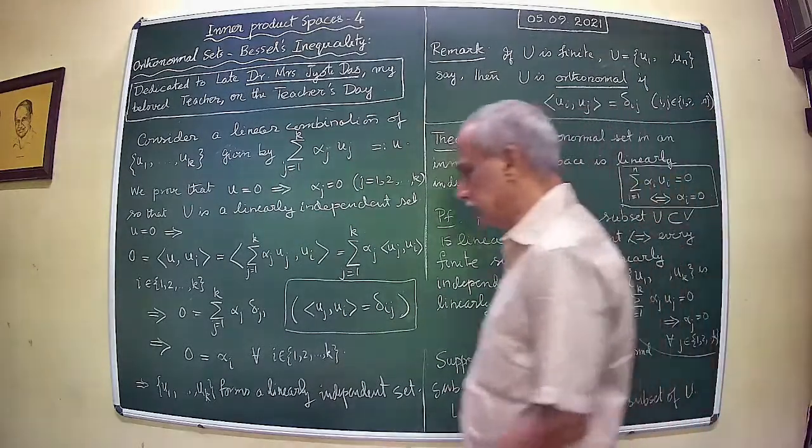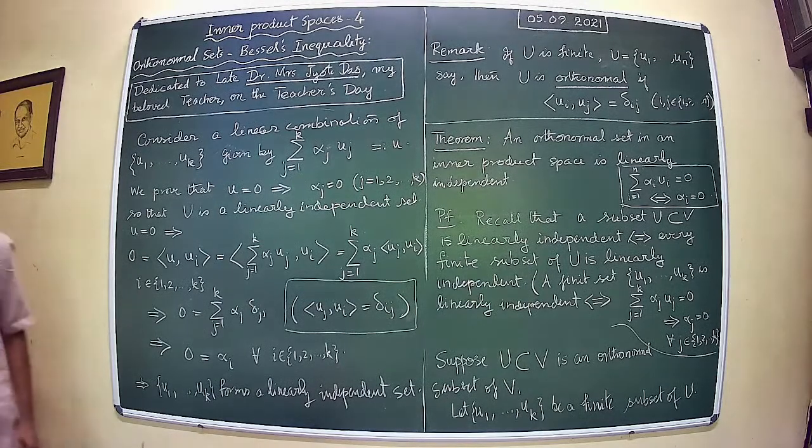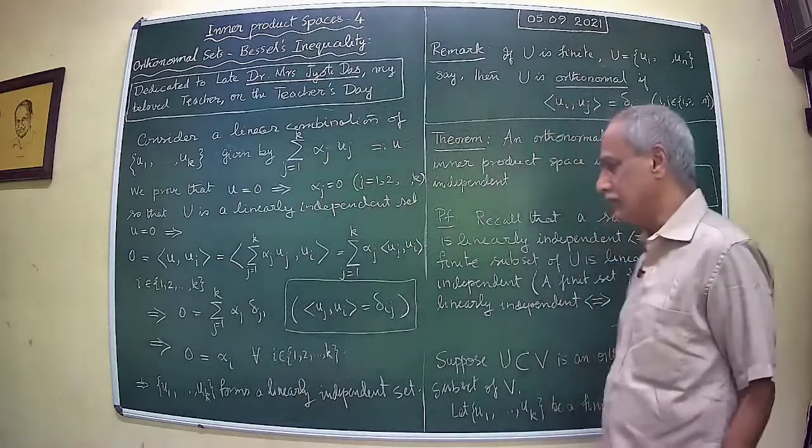Now, since the choice of u is arbitrary, this shows that for every finite set this happens. Thus, every finite subset is linearly independent.